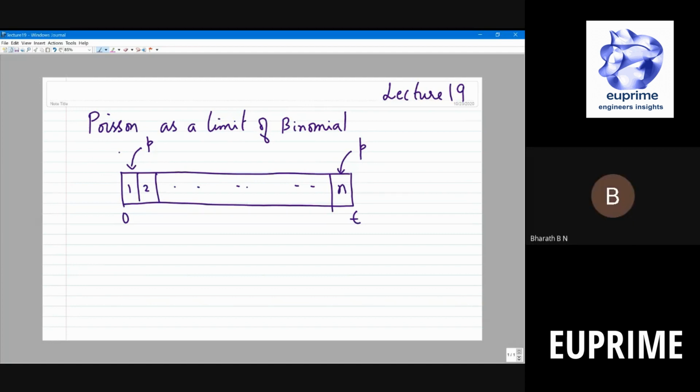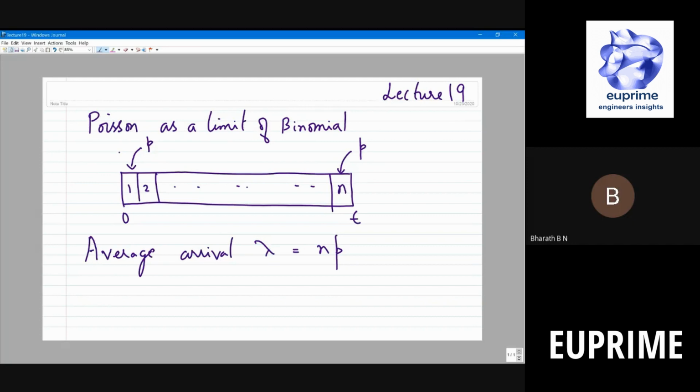np. Right. Good. So the average arrival would be, I'll call it lambda, is np. What I'm going to do is, of course, as the heading says, Poisson as a limit. So I'm going to take some limit.